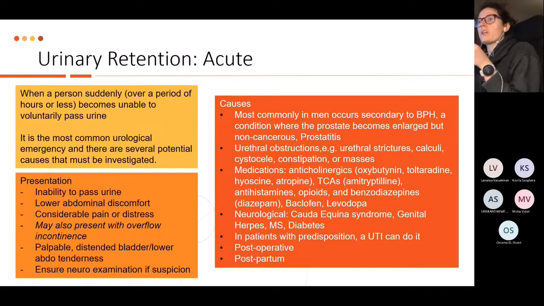So talking about retention, acute is when it's a sudden inability to pass urine. It's often excruciatingly painful, and it's pretty obvious, I would say, on examination. I seem to have a predisposition to always being bleeped about it.